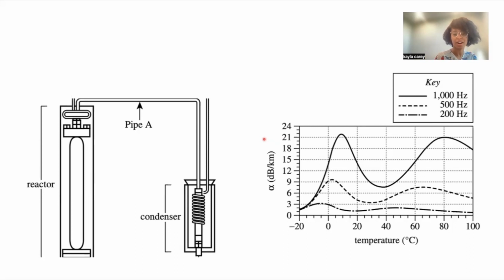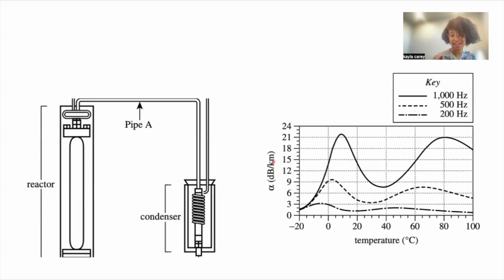But for the most part, the ACT science really wants to test you on your ability to read graphs like this, right? So you don't have to know what a reactor is or a condenser is and how they work together. And you don't need to know what alpha is or what this symbol even means. You don't even have to know what dB stands for.